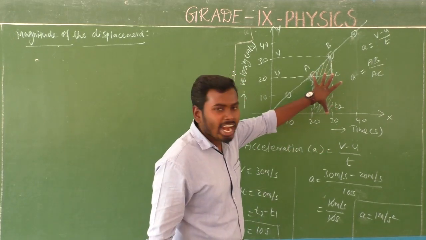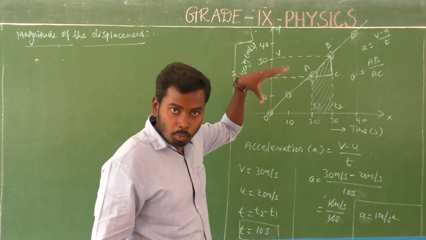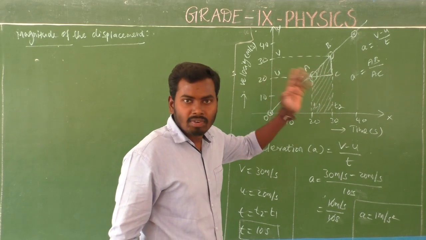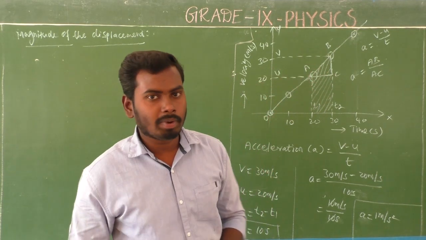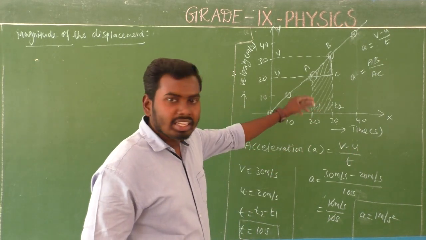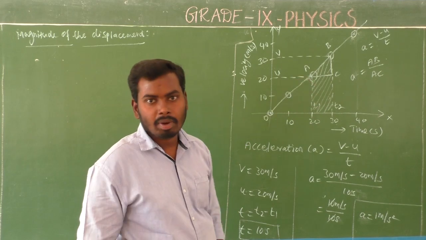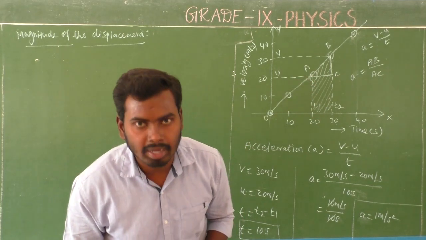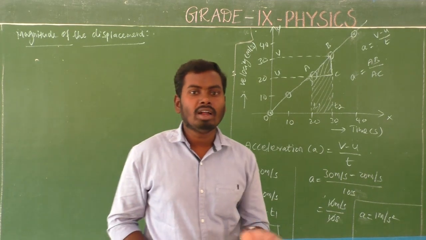That is the shadowed portion, the enclosed portion in the velocity time graph, that is the magnitude of the displacement. Note this point. The enclosed area in the velocity time graph is the magnitude of the displacement.